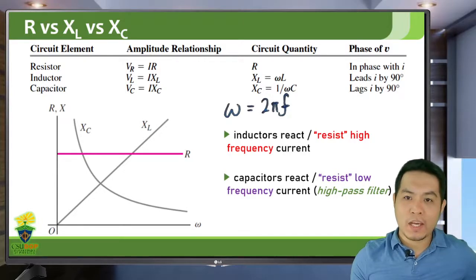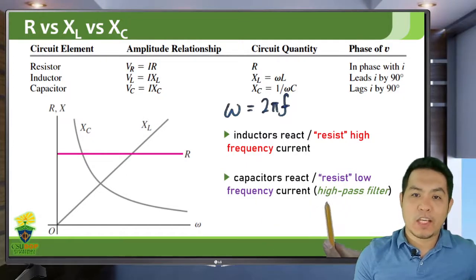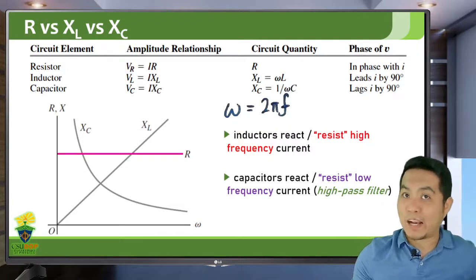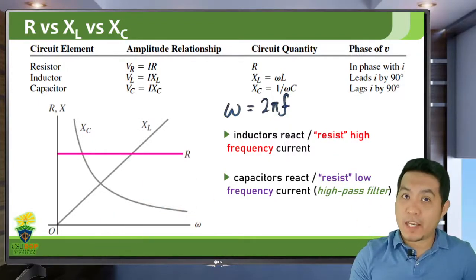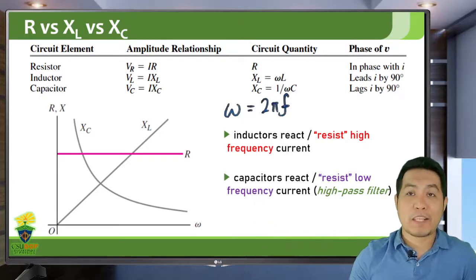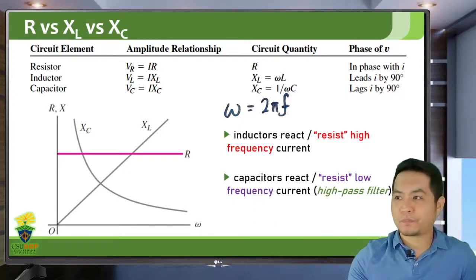So that's why any device with this property is also called a high pass filter, because they act like a filter. They only allow high frequency oscillations or high frequency current and voltage to pass through the device, such as a capacitor. So a capacitor can act as a high pass filter.